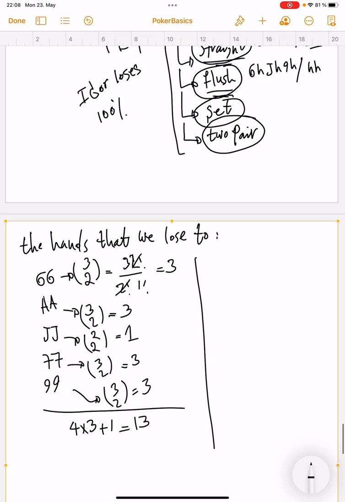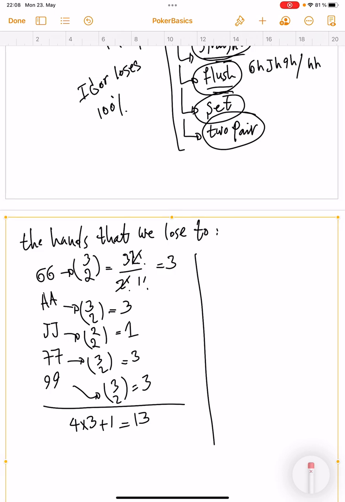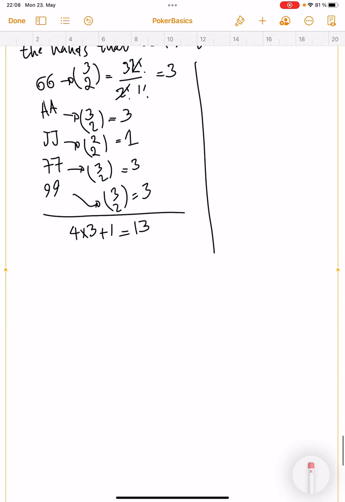So our opponent might have 6 and ace. Okay, I need a little bit more space. I think maybe it's better to start from here. 6 and ace, 6 and jack, 6 and 7, and 6 and 9. And then they can have ace with jack, ace and 7, ace and 9.